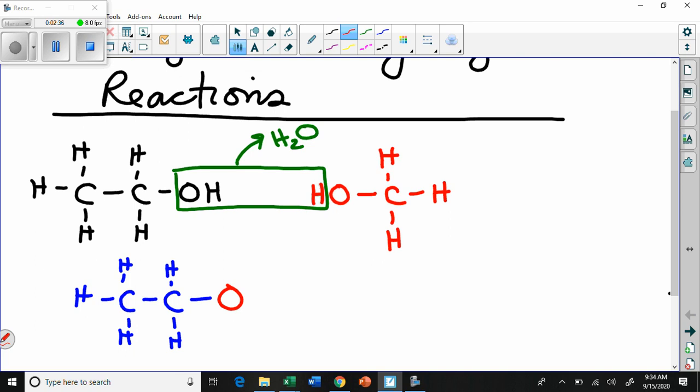Or if it's the black H and the red O and it's the black O that's left over? You really don't, right? As long as one of the O's hangs around and another O goes off with the two H's, this works. So I could have drawn my green box around the two red OH and just the black H as well. It doesn't really matter which one, right? But I've drawn it this way, so I'll continue to draw it like this.